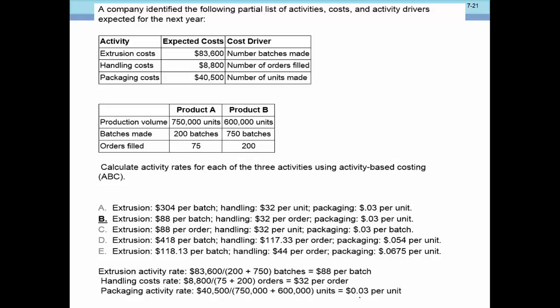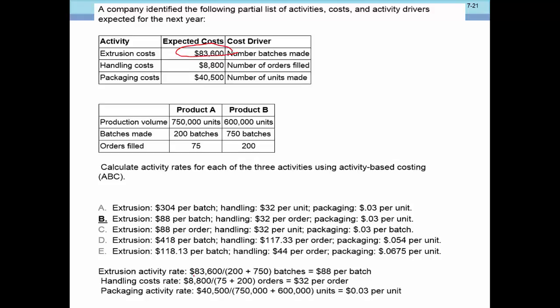We've got this list of activities, and here we go with excursion cost again, and they want us to figure out excursion, batch handling, and order packaging. So we have to do three of them in this one, don't we? Okay, and so what happens? We pick up the excursion cost of $83,600.